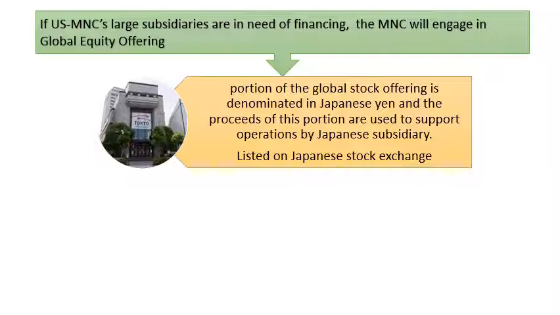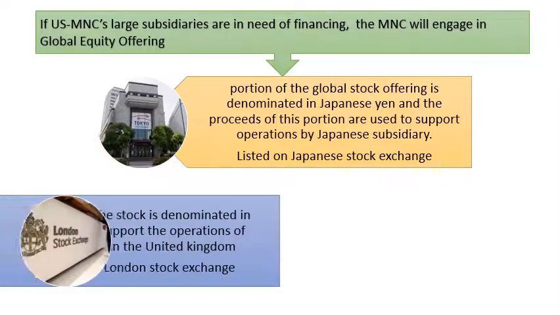In this process, the issue of equity in Japan should be listed on the Japanese stock exchange to enable Japanese investors to buy or sell their holdings of the stock in the local stock market, which is the Japanese stock exchange.